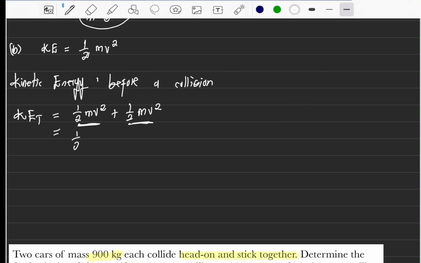So you have 1 over 2, and the mass of the truck is 4,500, multiplied by its velocity, which is 20, squared, plus 1 over 2 into the mass of the car, which is 1,000, multiplied by its velocity before collision, 15 squared.